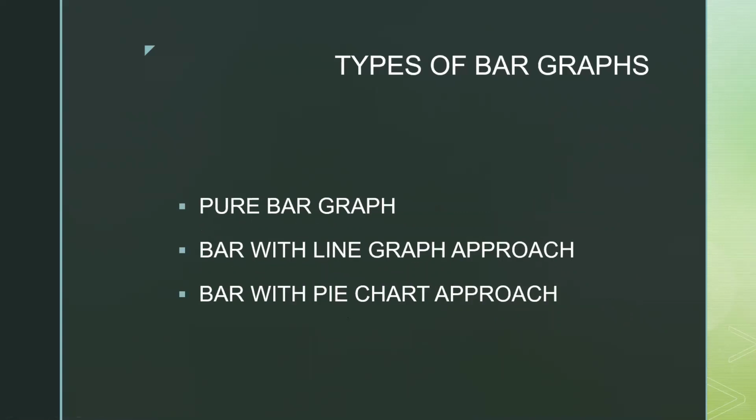Okay. So there are different types of bar graphs. If in the line graph you have one line, two lines, and then multi-line, for the bar graph you also have pure bar graph, bar with line graph approach, and bar with pie chart approach. But in your introduction, if you're going to describe the graph, even if it's a bar with line graph approach, don't say "the bar with line graph approach shows the blah blah blah."